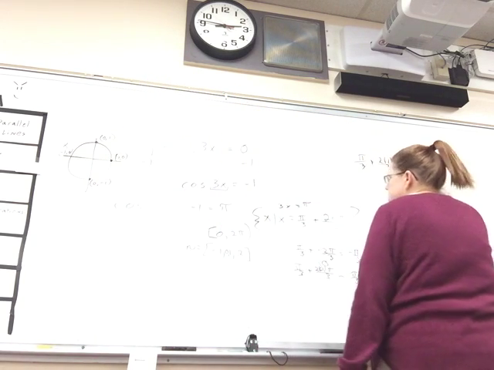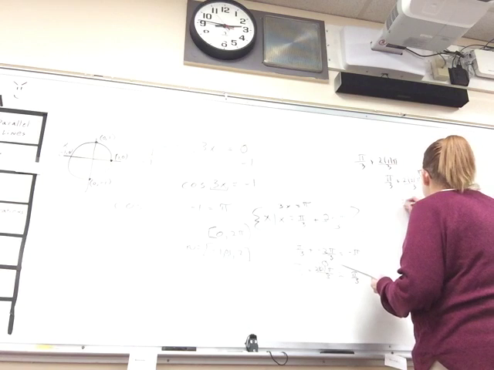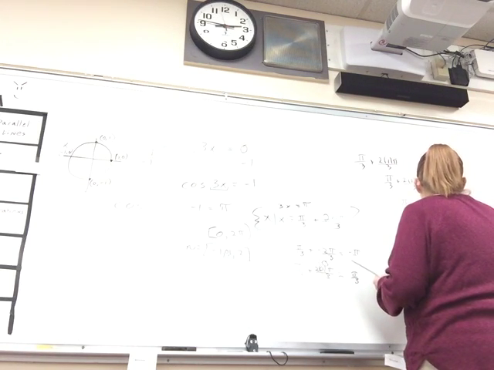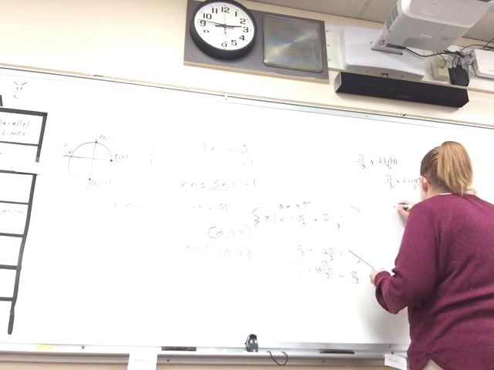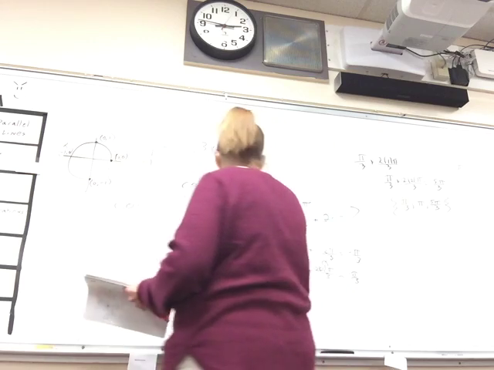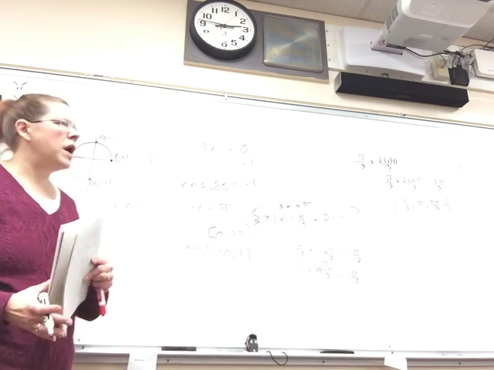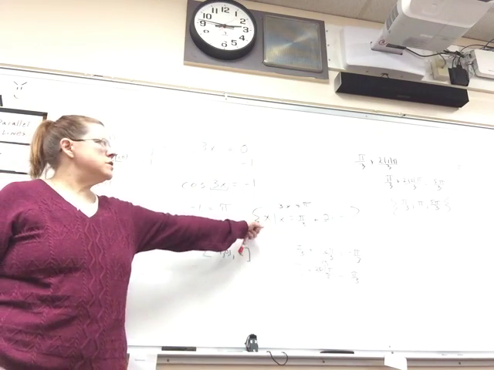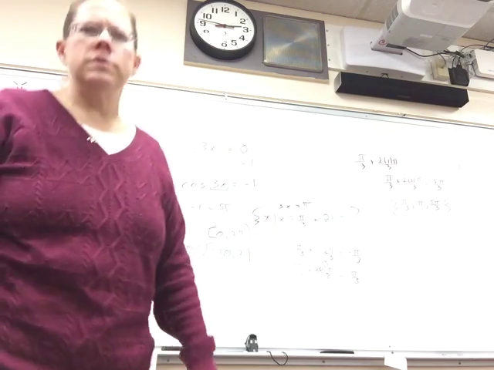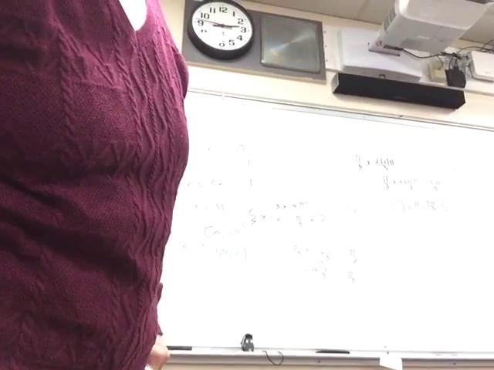So your answers in this interval are pi over 3, pi, and 5 pi over 3. And those are your specific answers for the interval 0 to 2 pi. This is the generic answer that they want for part A. How come cosine of alpha equals -1 equals pi?